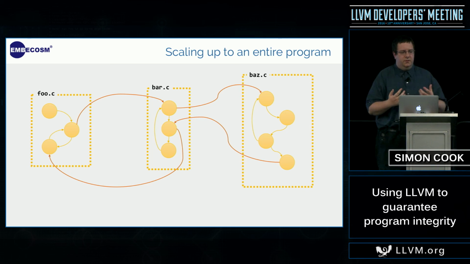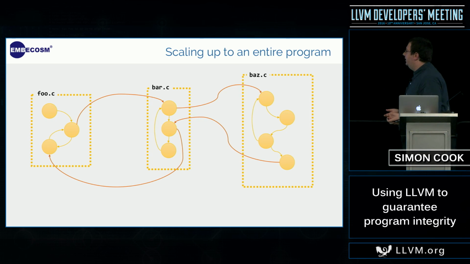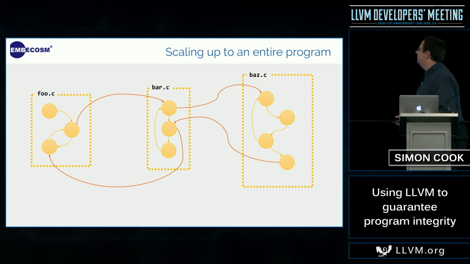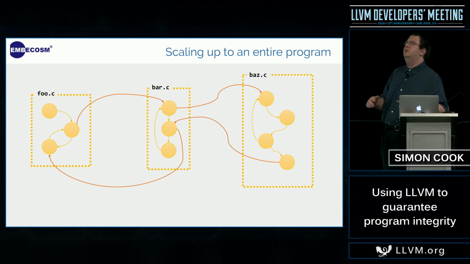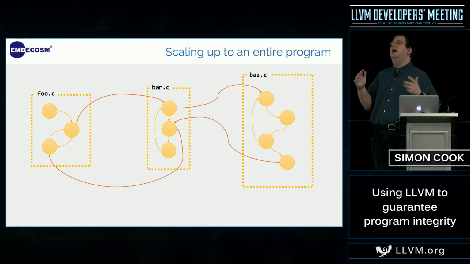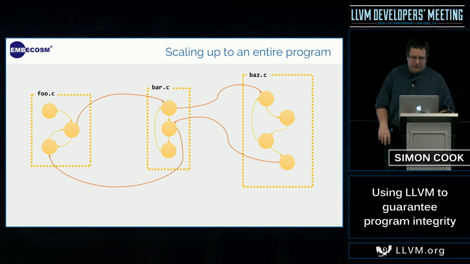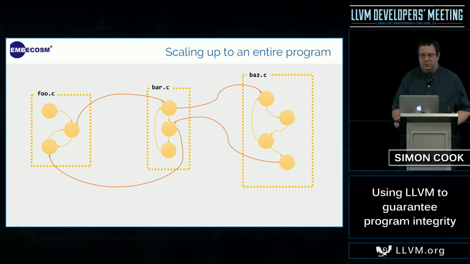So the first thing that we had to decide when implementing this is how do you expose this functionality to a user? Now, typically there are two ways of adding optional functionality to a C compiler.